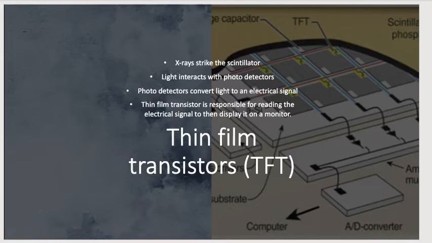When light gets converted into an electrical signal, the electric charge produced by the capture element in a thin film transistor is stored in the storage capacitors, and it gets read by the thin film transistors. Each DEL then transmits the electric signal to the computer where it is converted into a digital signal so it can be visualized on a monitor.